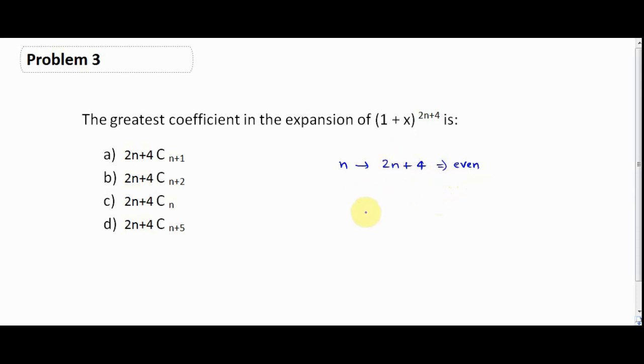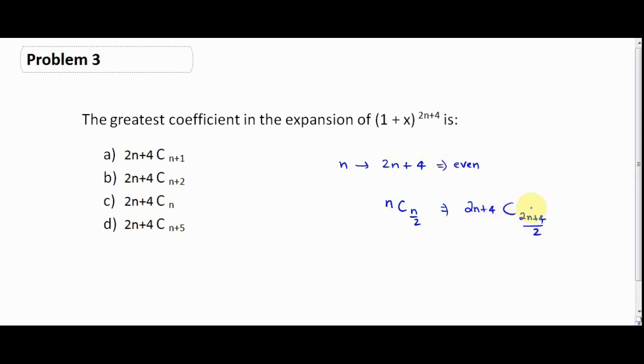So therefore here the greatest coefficient will be given by nC n by 2. If the expression has a power of n, then the greatest coefficient will be equal to nC n by 2 if n is even. So here n is even, but in place of n what we have is 2n plus 4. So in this expansion, the greatest coefficient will be 2n plus 4 C (2n plus 4) by 2.